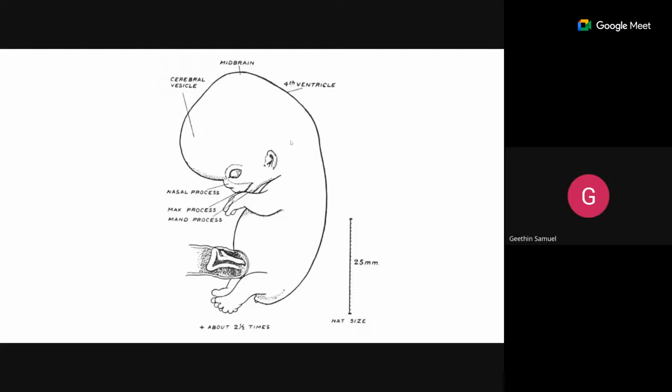The ear has developed, the hillocks have fused to form the ear, the aspect to the front. So many processes are forming into the face. The upper limb is getting folded. So that is the embryonic period.